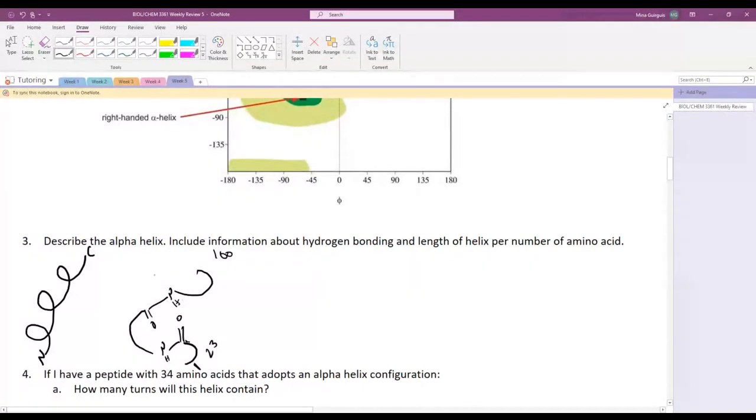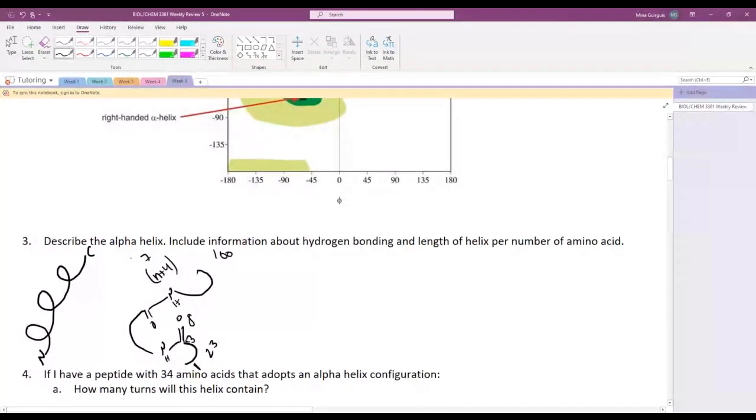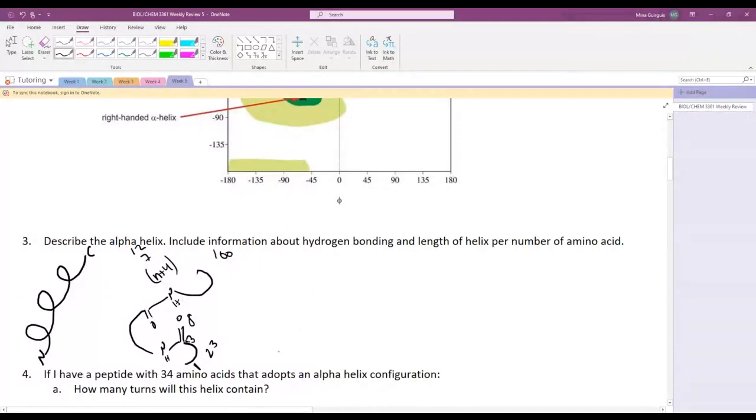So this will be N plus 4, or amino acid residue N plus 4. So if this is residue 3, this would be residue 7. If this is residue 8, this would be residue 12, okay, and so on.